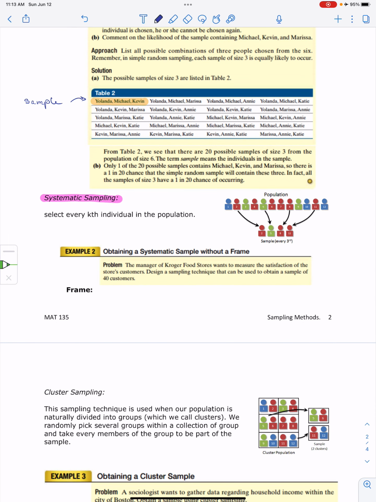We're going to define a frame first. A frame is a list of all those within a population who can be sampled.